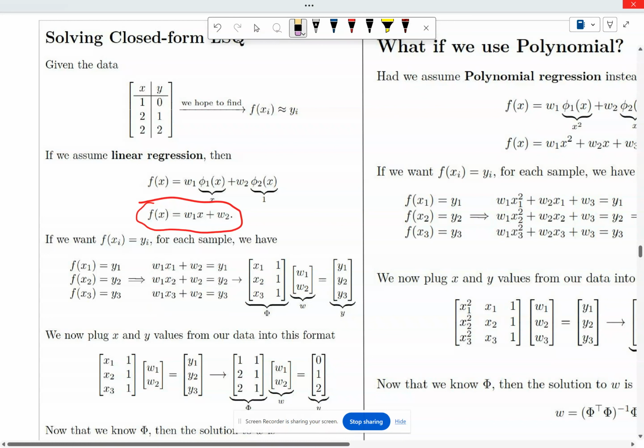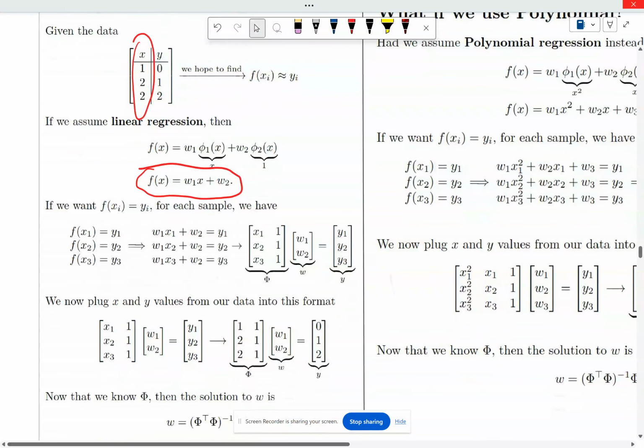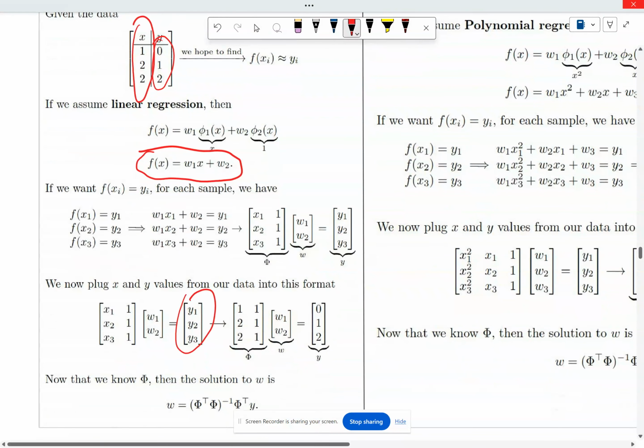So this right here is therefore your feature map matrix, where each one is the feature map. So if you calculate this, this matrix is equal to phi. So what is this matrix? Well, let's see. The samples are 1, 2, 2. So we simply put 1, 2, 2 here, right? And y was 0, 1, 2, so we put 0, 1, 2 here.